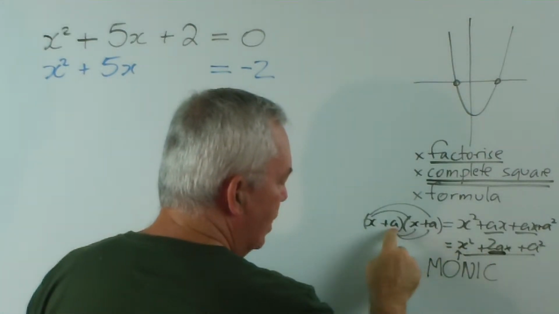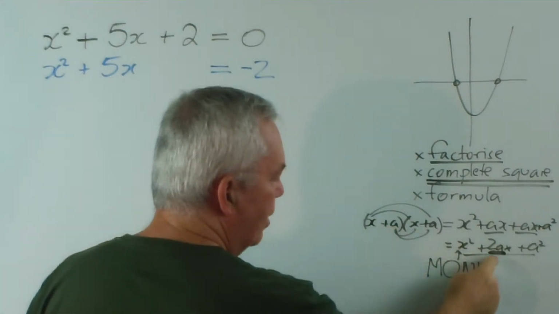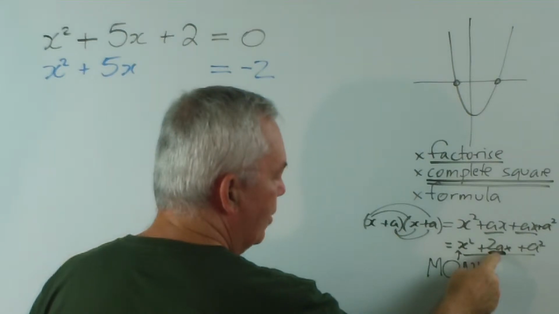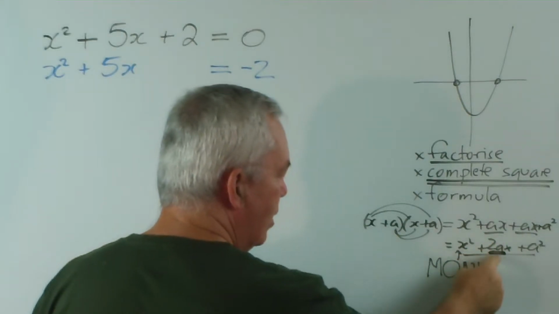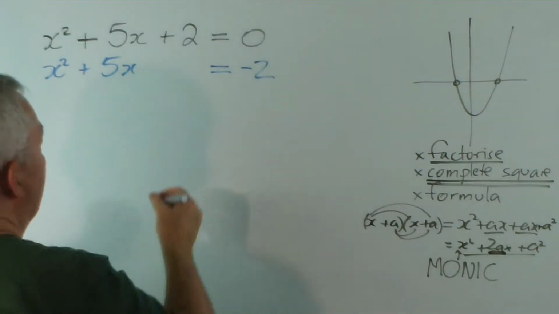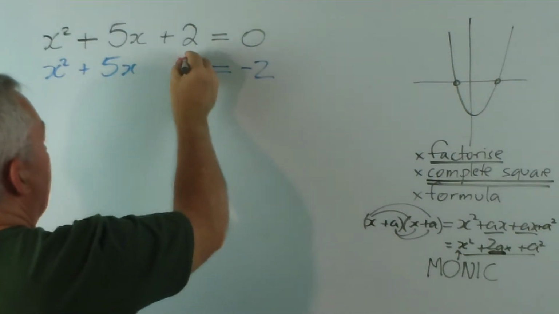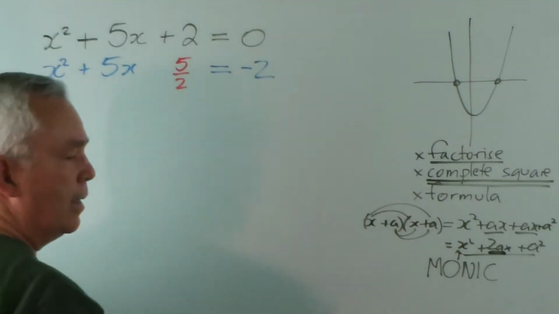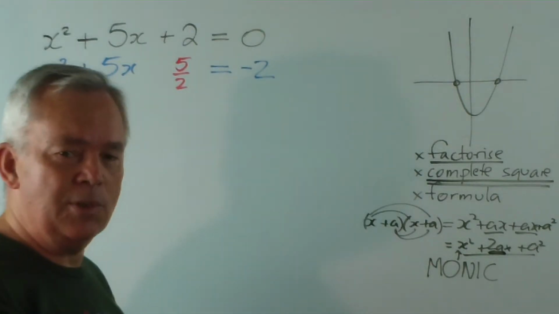Well, if I want to know what this a is, I've got to find half of the 2a in the middle. And half of 5 is 5 on 2. A lot of students like to go straight to using decimals.